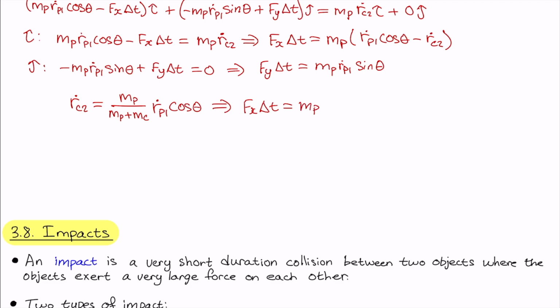So we're going to get m_p r_p1 dot cosine theta times 1 minus m_p divided by m_p plus m_c.